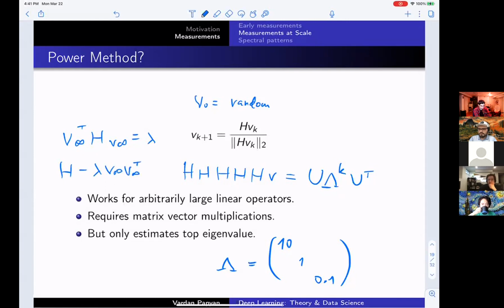Is that what you meant, Jack? That is correct, Karen. Yes, that is correct. It will give you the vector in the eigenspace with the top eigenvalue. And then you could hypothetically take this top eigenvector and calculate the eigenvalue by calculating this thing, right?